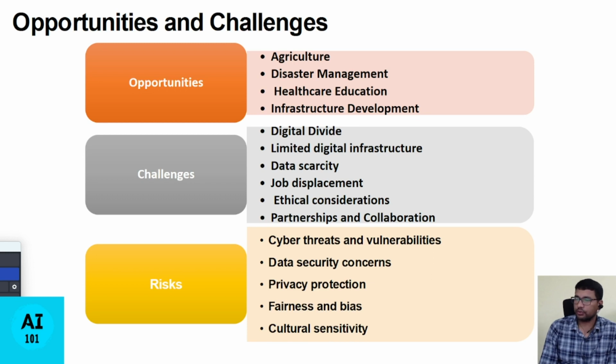The most important challenge is data security, right? And data scarcity, right? Scarcity means if we are dealing with a particular problem, then we need the data, because we are working on a data-driven approach. There could be some data, but not sufficient to train the large number of parameters of machine learning and deep learning algorithms, and this could be one challenge. The problem of job replacement could be possible.